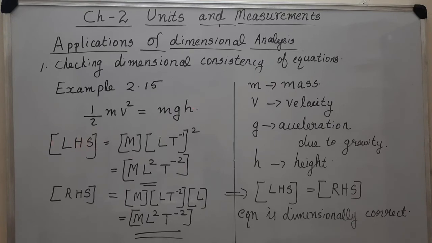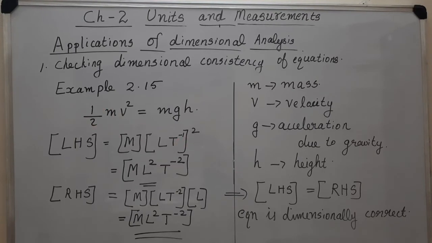So dimensional expression on LHS is equal to M, L T raised to minus 1, L T raised to minus 1 whole square, okay, v square. Half is not having any dimension. So we have M L square T raised to minus 2.